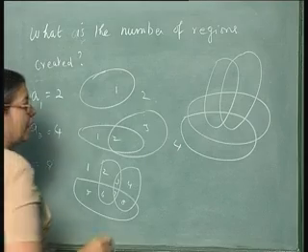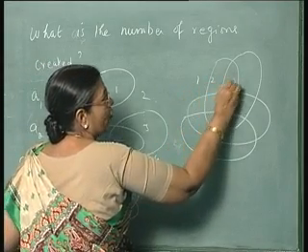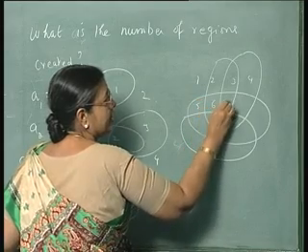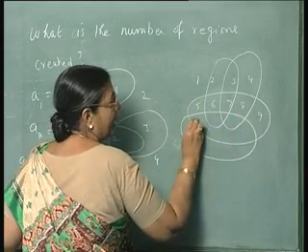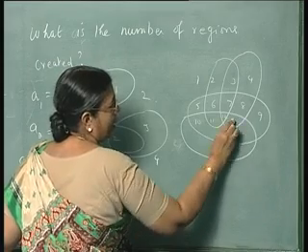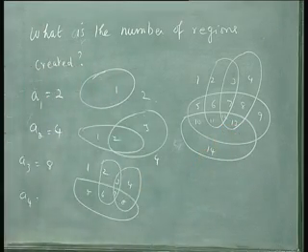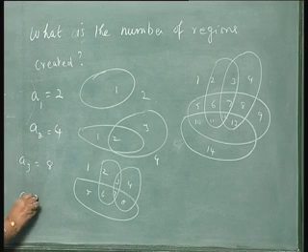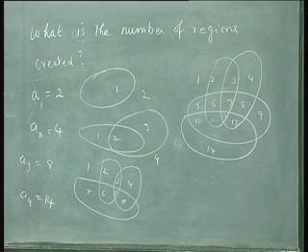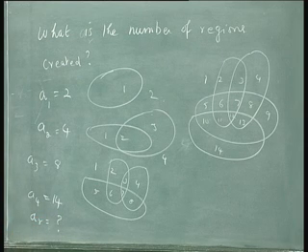If you number them, 1, 2, 3, 4, 5, 6, 7, 8, 9, 10, 11, 12, 13, 14. It is divided into 14 regions. A4 is 14. What is the number for A_r? Can you get a recurrence relation for this?